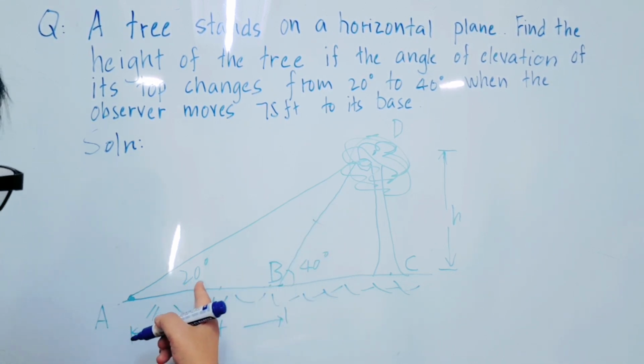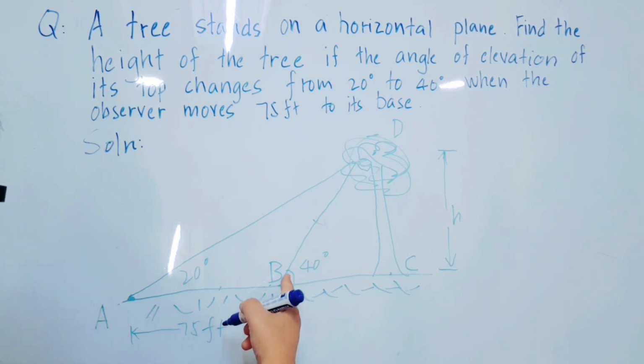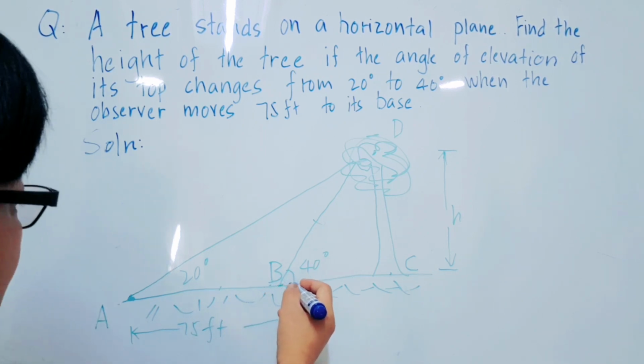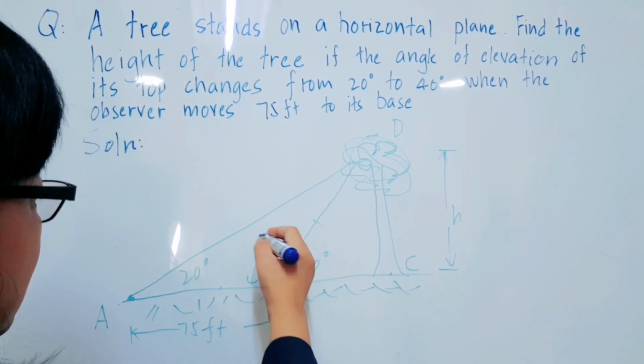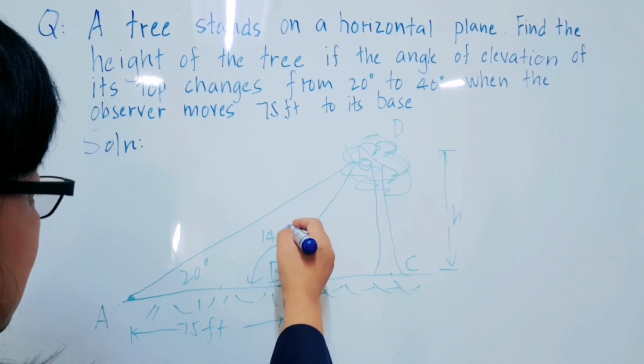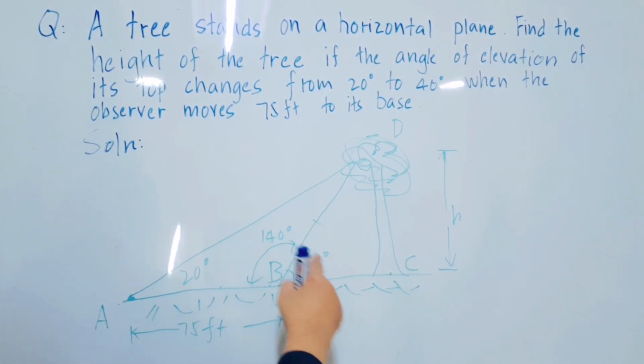This one from 20 degrees is moved to 40 degrees. So, that means this angle here is equal to 140 degrees, because the total of this angle is 180 degrees.